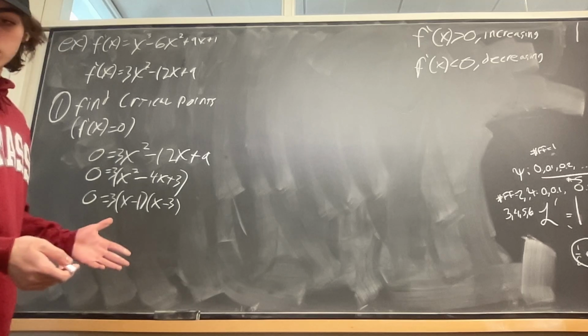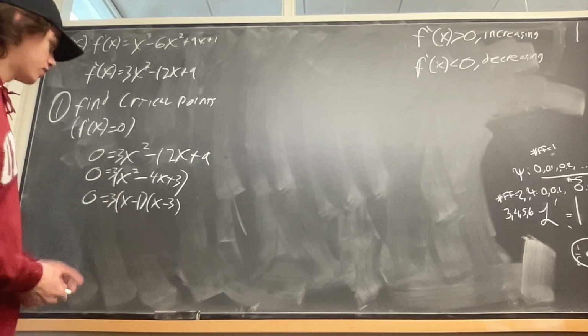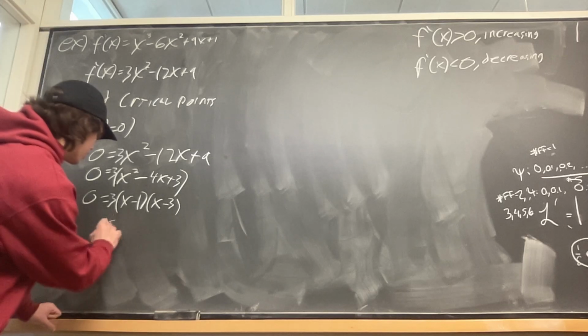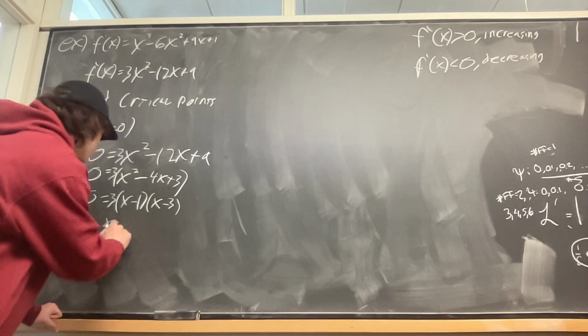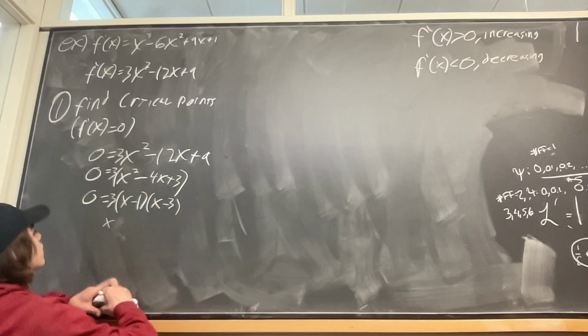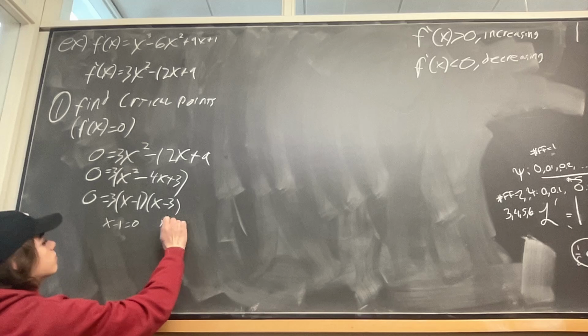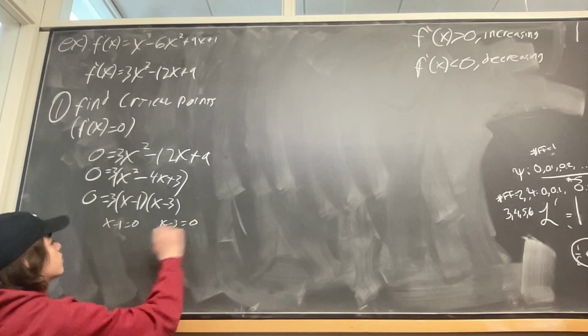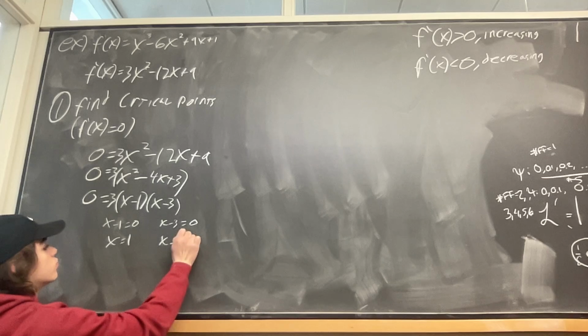Now we're just going to solve for our x's. We don't really need to worry about the 3 because we already have that factored out. So we're just going to set both these components to 0. We're going to have x minus 1 equals 0 and x minus 3 equals 0, meaning our x values are 1 and 3.